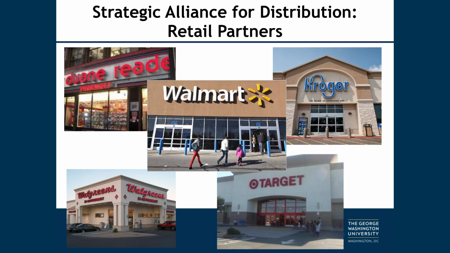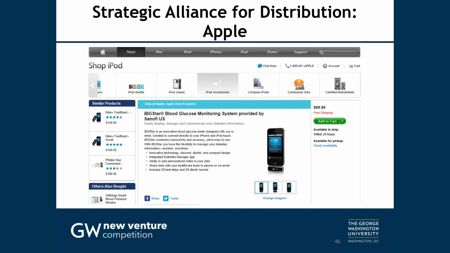We were also able to develop a strategic alliance for distribution with retail partners, but only after we were able to partner up with Liberty Medical and establish a track record. And this provided the retailers with another product line for them, so that they did have a broader product offering. We were also able to develop a strategic alliance for distribution with Apple.